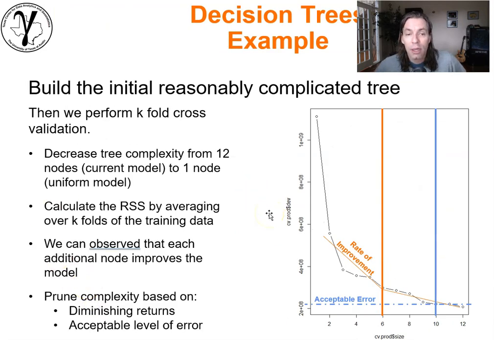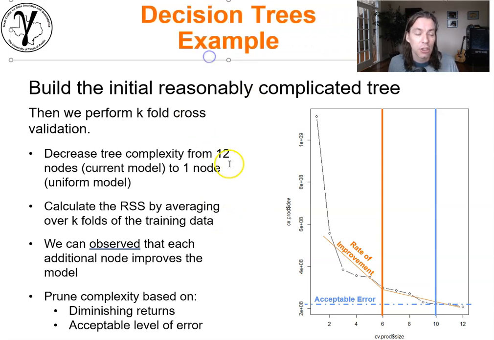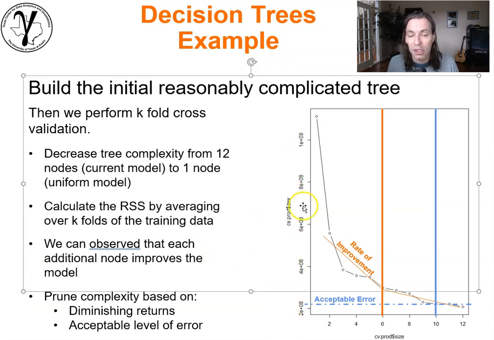And of course, we'll do some type of pruning, hyperparameter tuning. You make a decision about what's the best level of complexity for your tree by simply doing a plot. This is a k-fold cross-validation, where we have the error in k-fold cross-validation averaged over all the folds versus the number of nodes in the tree.